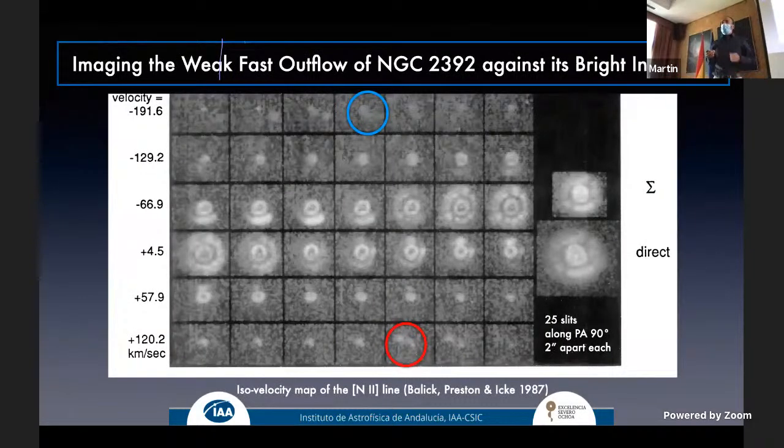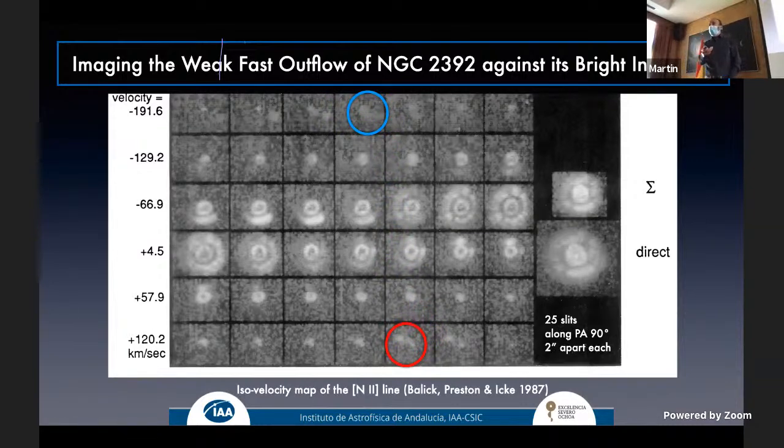Some authors have made some isovelocity images using many long slits, and then making interpolation between what we see in the shell observation with those long slits. In particular, Bruce Balick in 1987 found some emission here in the most extreme isovelocity channels that could be associated with the jet.